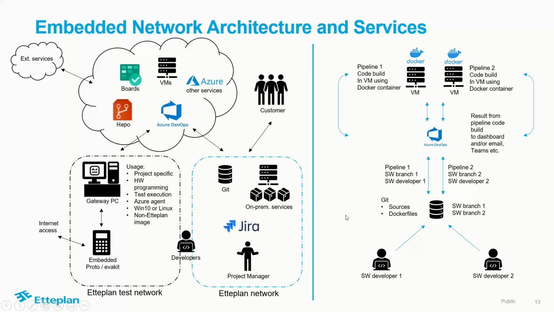And here on the right-hand side is a simpler illustration of how you could execute things on the cloud side. Typically we have software developers doing different parts of the software, with our on-premises servers, or you can even execute the build operations on the software developer's machine.